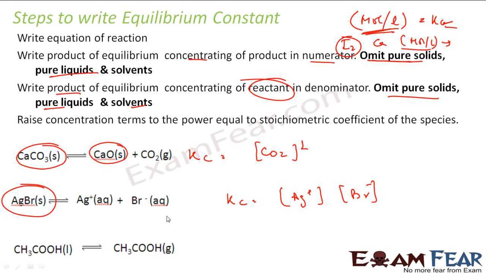When it is aqueous or in the gaseous phase, the moles per liter part may vary, right? For example, the same Ag plus ion, if I am putting in 1 liter, and the same number of Ag plus ions, if I am putting in 10 liters, the moles per liter will change. And that's why we have to write it.